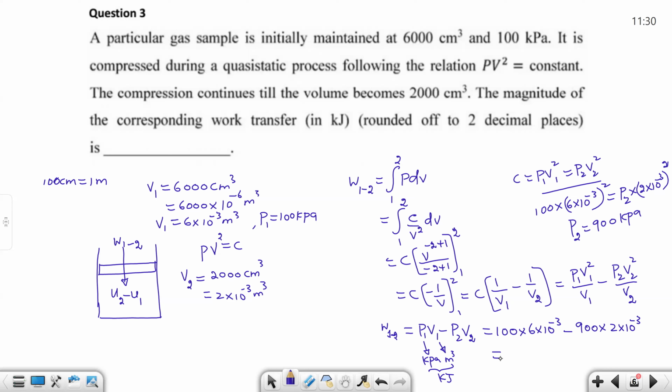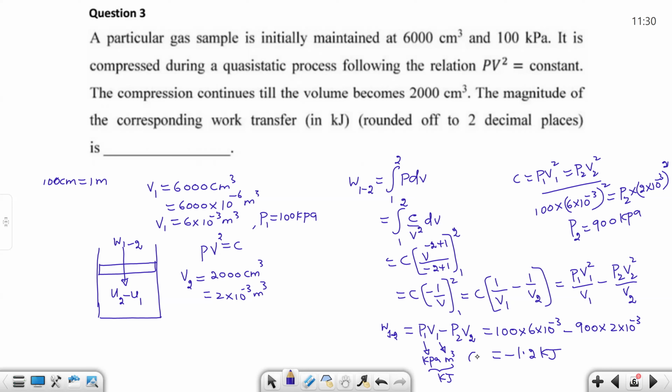So the work transfer is minus 1.2 kilojoule.